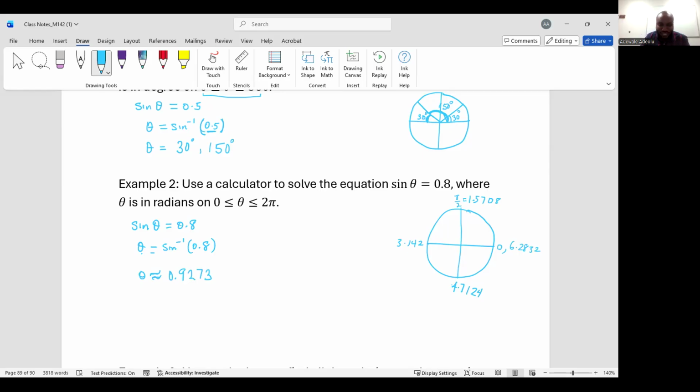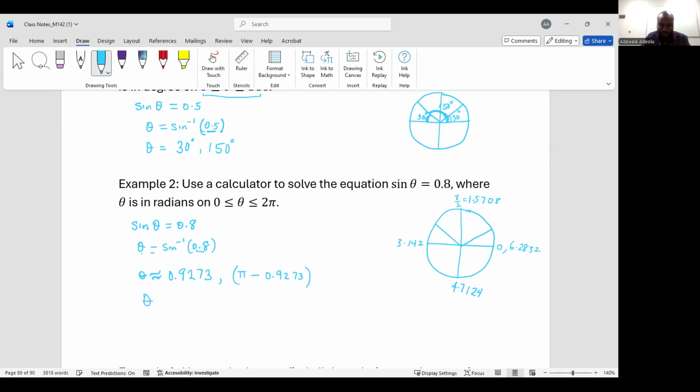So now our angle theta is approximately 0.9273, which means it is somewhere here, right? I know that since this value is positive, the second one is going to be here for sine. So all I need to do now is to say the second one is pi minus 0.9273.